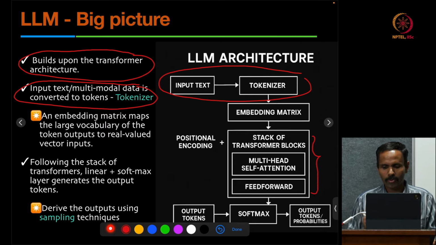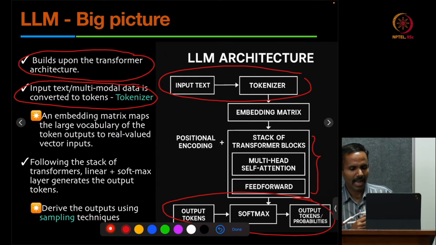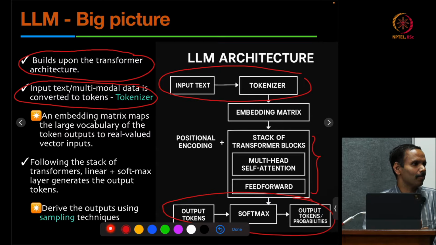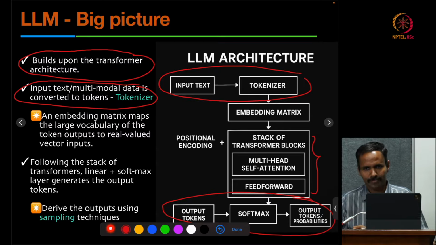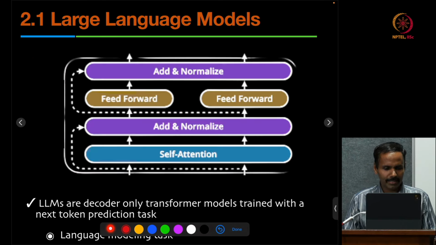This is basically the core that we discussed in the previous session on attention, on feed forward and so forth. And finally, we'll also spend some time discussing the aspects at the output end. What are these transformer outputs going to come out as? What are the sampling methods to get multiple outputs from the same, let's say, input? All these parts are going to be in the initial LLM big picture subset.